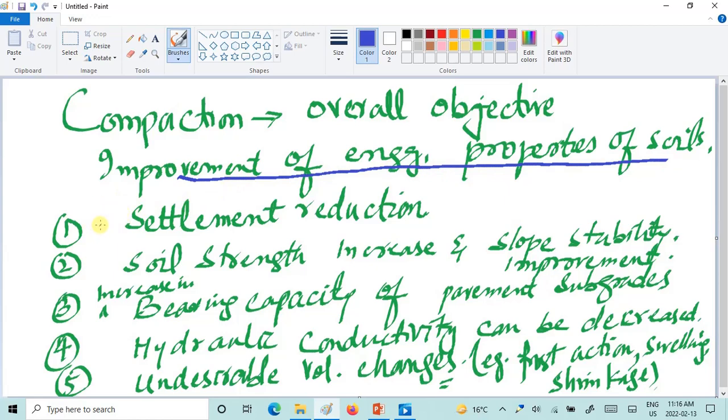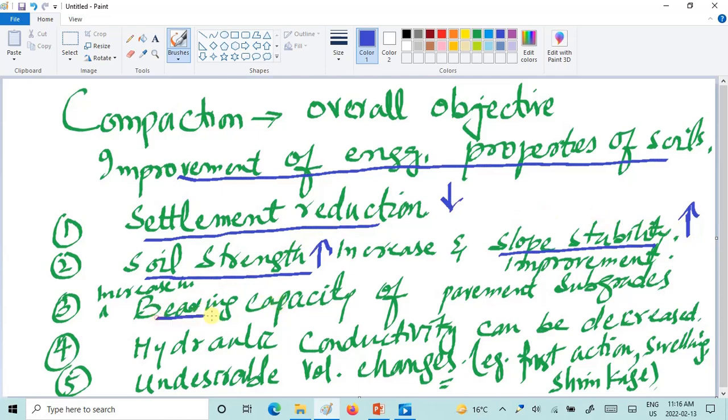But there are other related sub-objectives. If we compact a soil, the detrimental or undesirable settlement can be reduced, and soil strength will increase, which will also increase the slope stability.